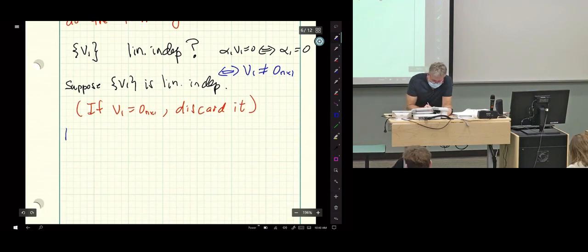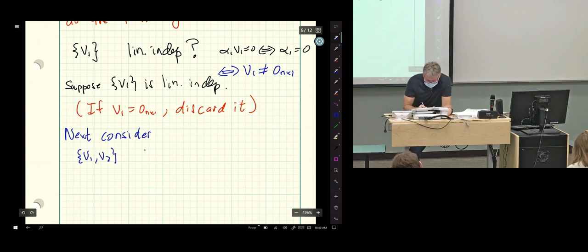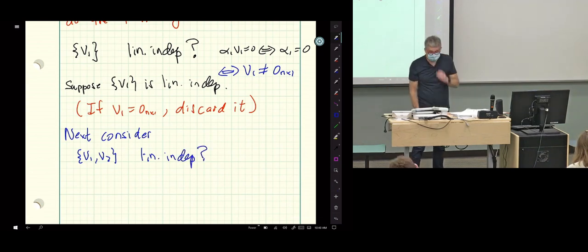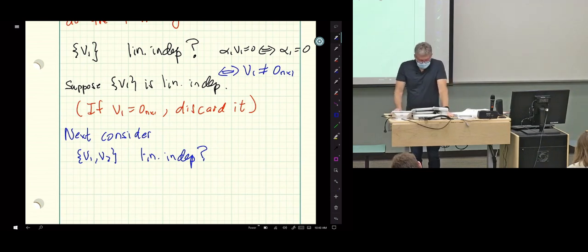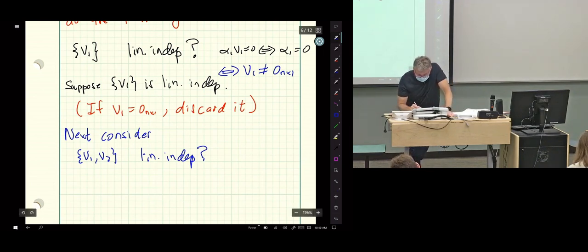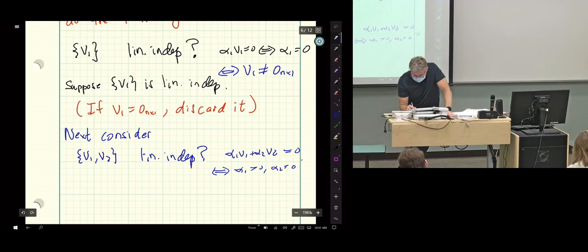Okay, next consider V1, V2, and ask if that's linearly independent. Okay, so now we have to solve the equation alpha 1 V1 plus alpha 2 V2 equals 0 if and only if alpha 1 equals 0, alpha 2 equals 0.